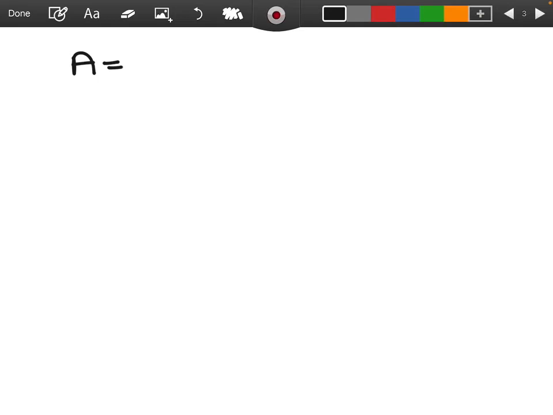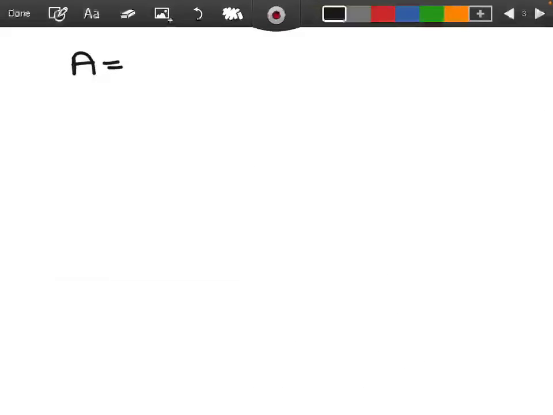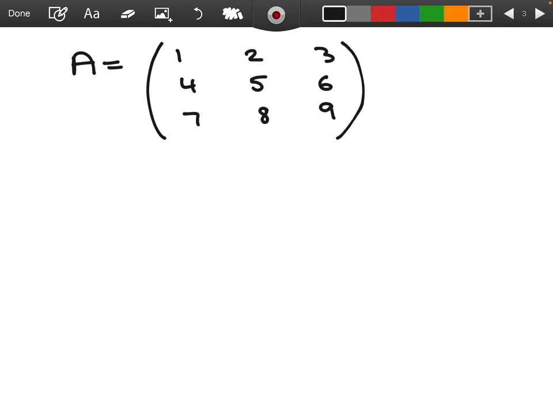This is more of a notation thing. For example, if I go back to my last matrix that I wrote out, this 3 by 3 matrix here, I'm going to call this matrix A. General notation, whenever you refer to a matrix, you always use a capital letter.